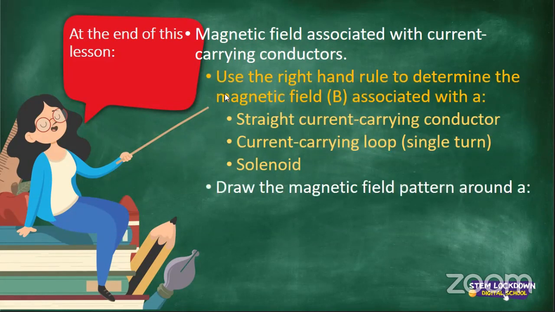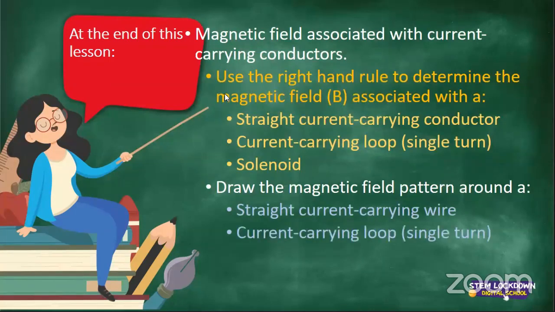Right, and then draw the magnetic field pattern around a straight current carrying conductor, a singleton, that is with just one loop, and then also around a solenoid.